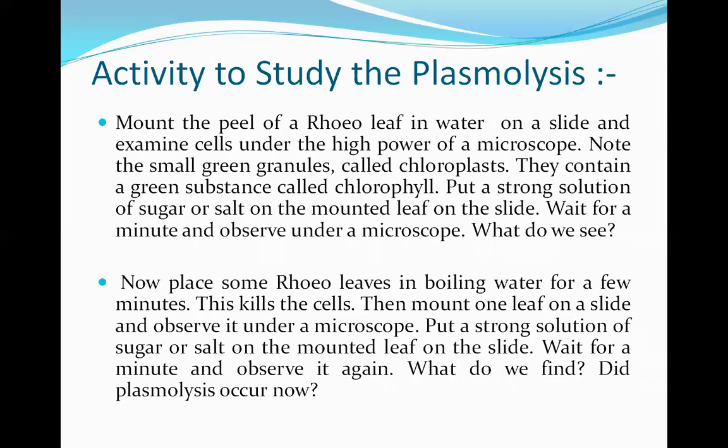When we observed the same slide earlier, we saw the normal cell with cytoplasm, plasma membrane, small green pigment, etc. But when we put a strong, highly concentrated sugar or salt solution on the same slide, then after 1 or 2 minutes we observe that all the content of the cell, except the cell wall, with the plasma membrane starts shrinking and contracts away from the cell wall and comes to the center. This process is known as plasmolysis.